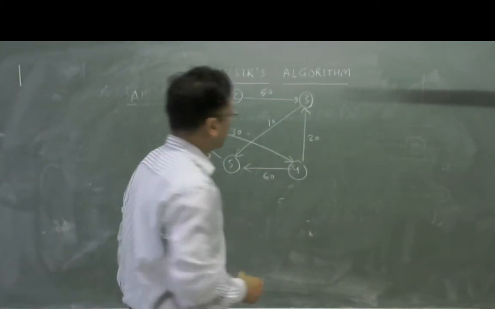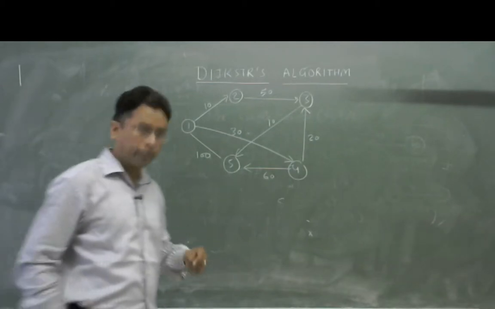Right? So here is the graph, and this graph is having 5 vertices.